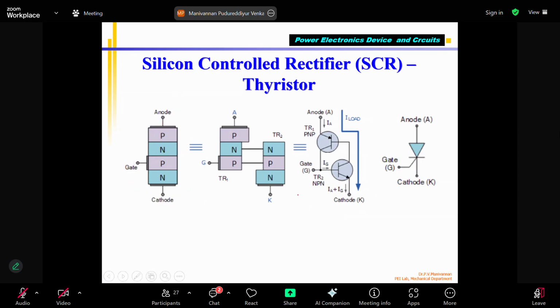So that's why you can see that if I give an input called a gate pulse, correct? It has to be supplied with a voltage, correct? Normally it is 0 volts. This is voltage 0 volt for a short duration, maybe microsecond.